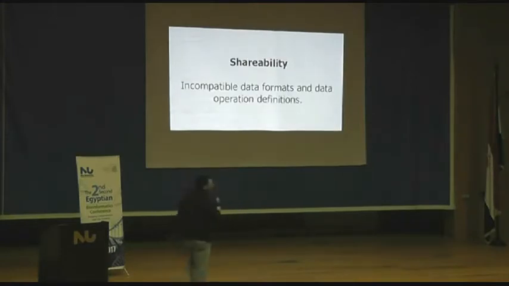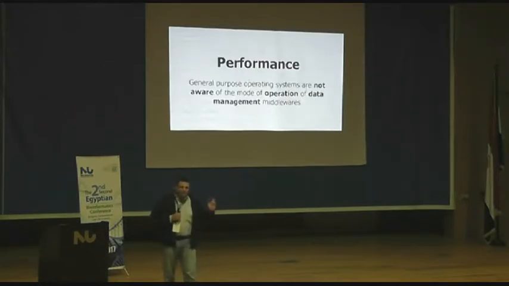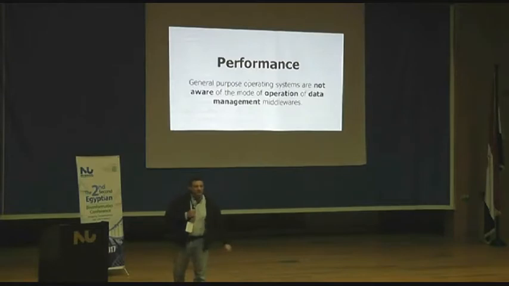Another thing is shareability. You have data coming from everywhere, different sources. This data comes in different formats with different operation definitions, and this is another problem. Well, the main problem that we are concerned with here is the performance. The main problem here is that general purpose operating systems don't know about the application, that it's a data-oriented application.